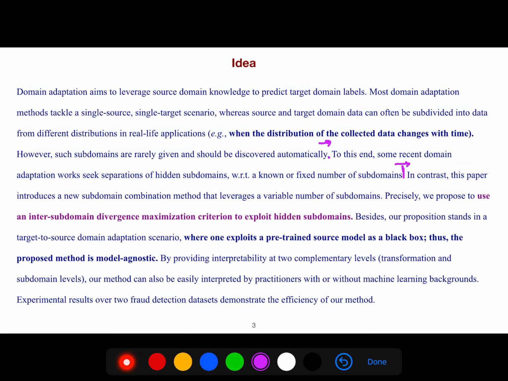Thus, the proposed method is model agnostic. By providing interpretability at two complementary levels, transformation and subdomain levels, our method can also be easily interpreted by practitioners with or without machine learning backgrounds. Experimental results over two fraud detection datasets demonstrate the efficiency of our method.